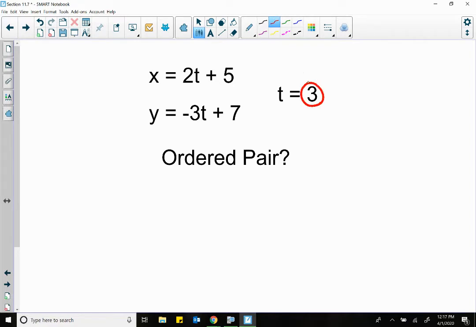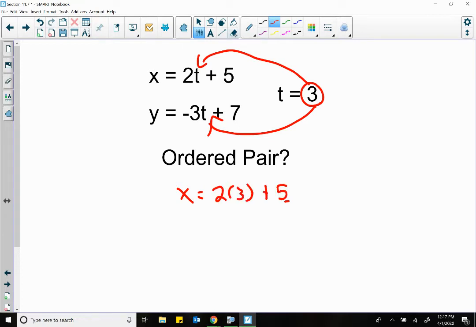So take this number, plug it into t in the top, plug it into t in the bottom, and you've got your ordered pair. So x is equal to 2 times 3 plus 5. Well, what's 2 times 3? That's 6. 6 plus 5, that's 11. So we know our point starts with 11.